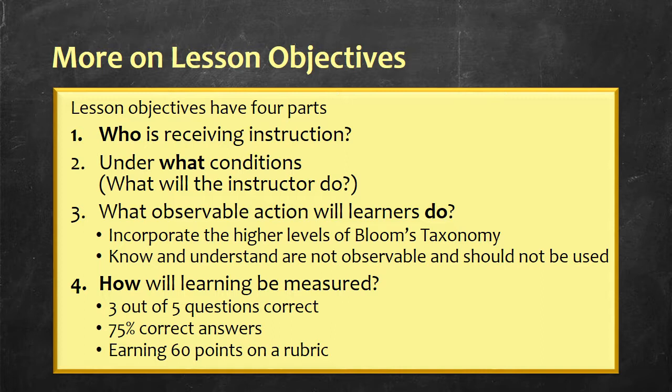Third, what observable action will the learners do? Note that knowing, appreciating, understanding, and comprehending are not measurable or observable action verbs. Research Bloom's taxonomy of higher order thinking skills to learn more about observable, actionable, and measurable verbs.